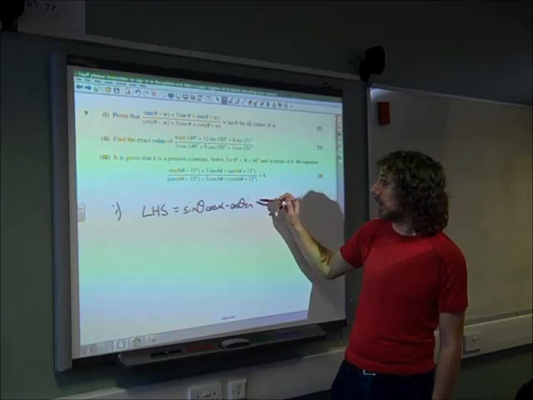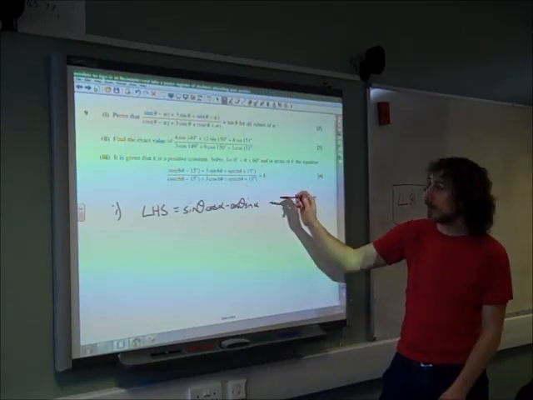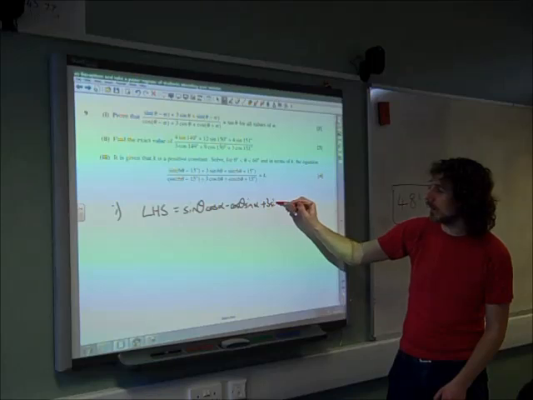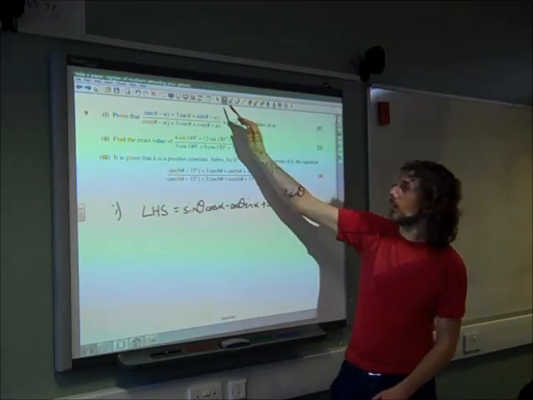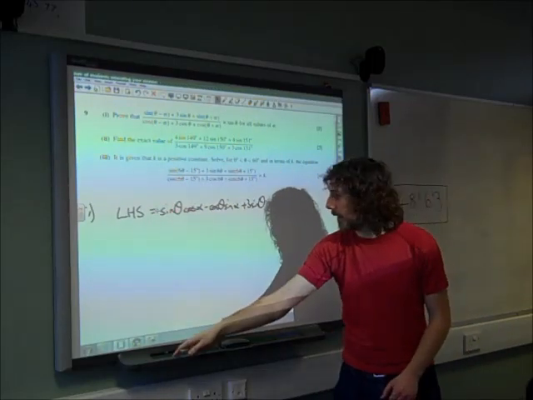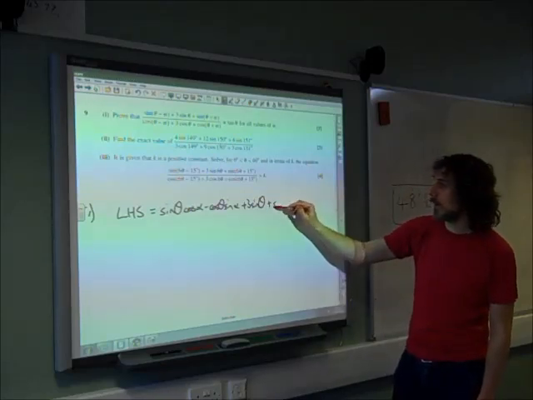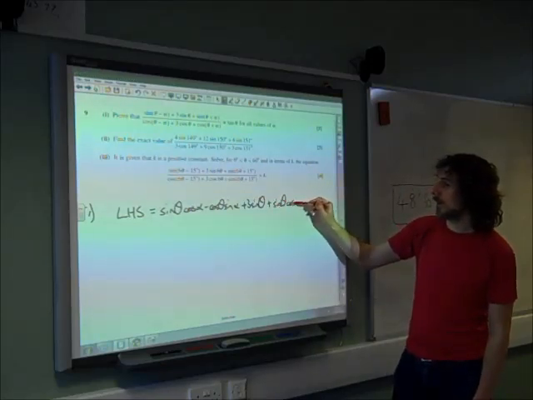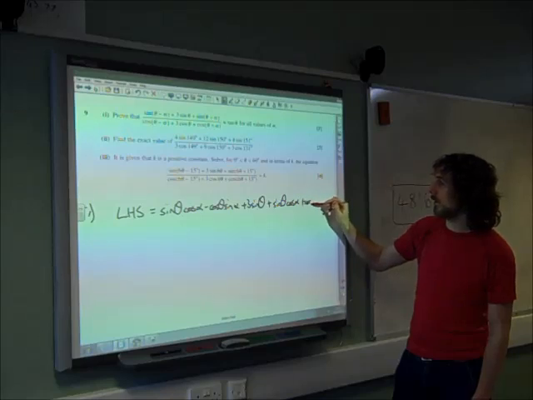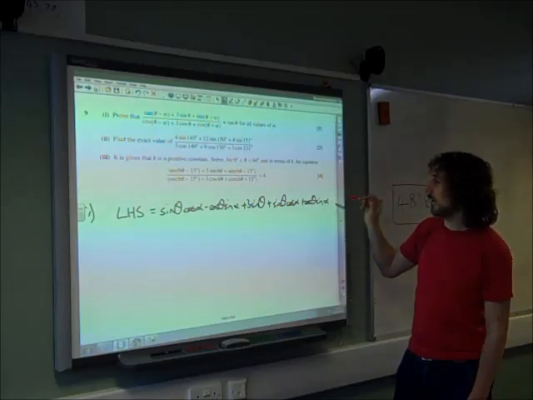Then we've got plus 3 sine theta. And then plus sine theta plus alpha, so that is sine theta cos alpha plus cos theta sine alpha.